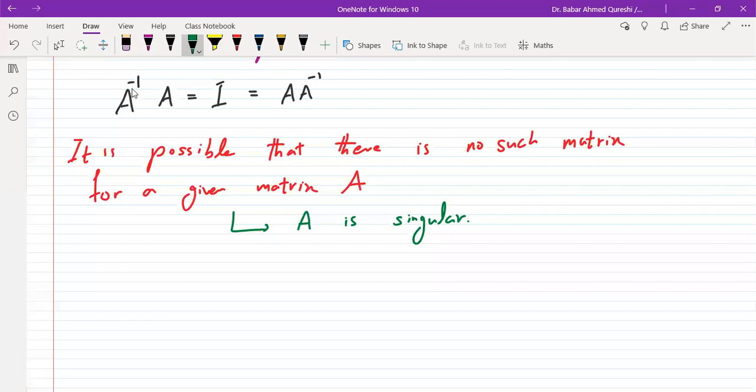And if A inverse is the inverse of A, then A is the inverse of A inverse, because they act on both sides. So you can think of this as the starting matrix and think of A multiplying it and giving you an identity. So they are inverses of each other. So if A is non-singular, A inverse is also non-singular.